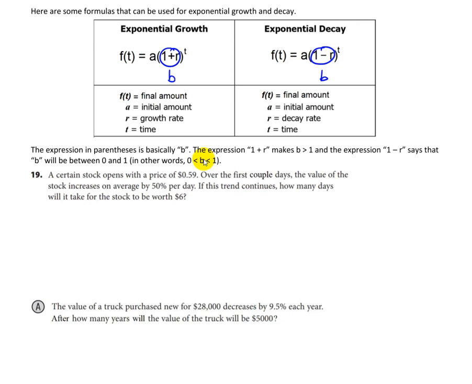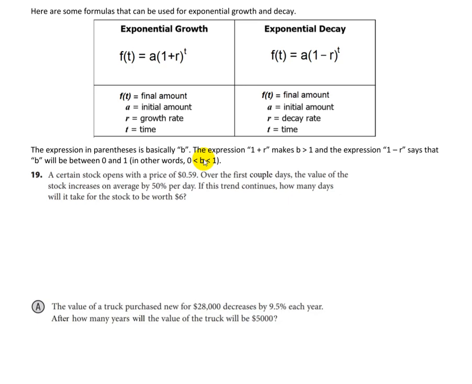All you have to worry about is the b. If the expression inside is greater than 1, this is going to represent exponential growth. And if the expression in here is between 0 and 1, this is going to represent exponential decay. And that's described here.